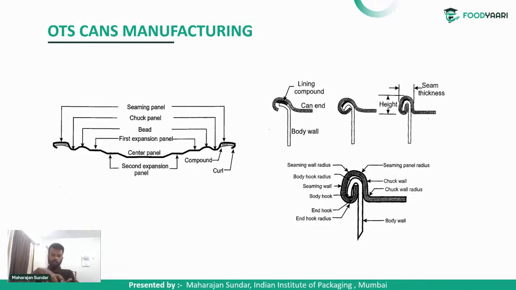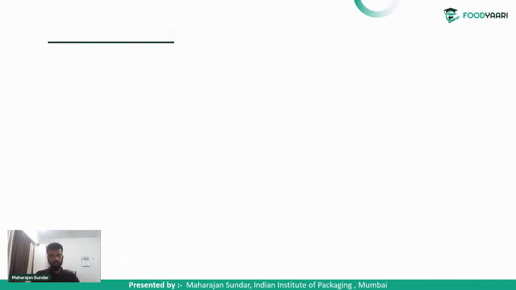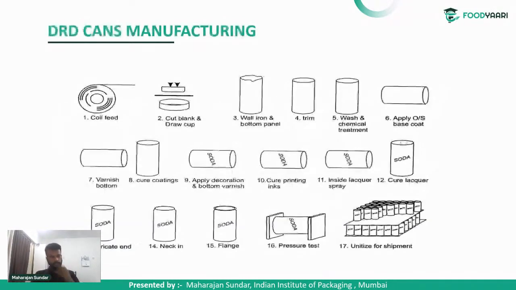You just elaborate the rubber band to the body shape. It is a food grade lining compound, so that it will again be folded. It prevents the leakage. And DRD cans, two-piece body cans, are made from coil. The tin plated coil will be removed, and using a die punch, a small portion will be formed.